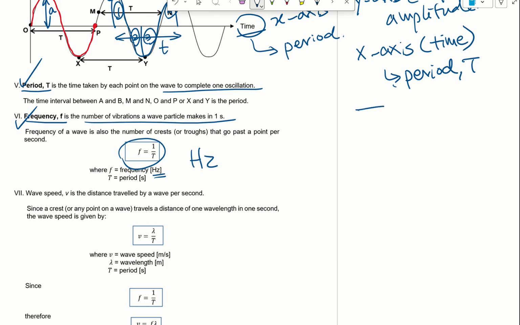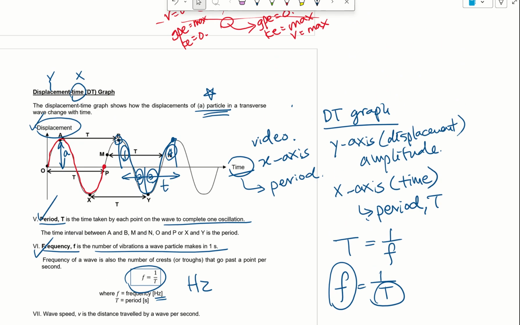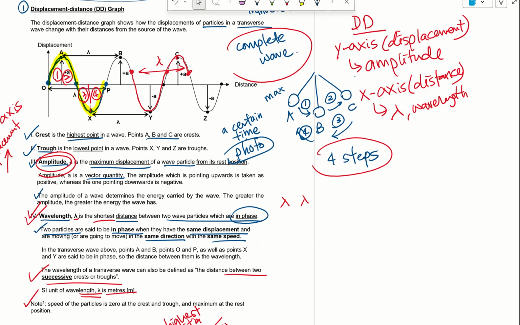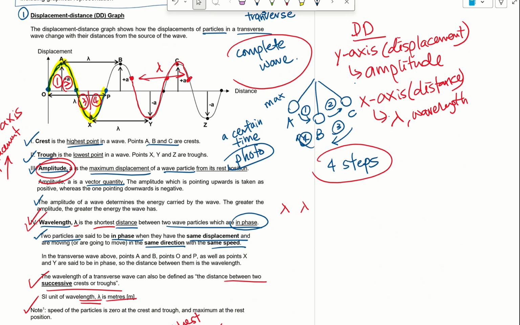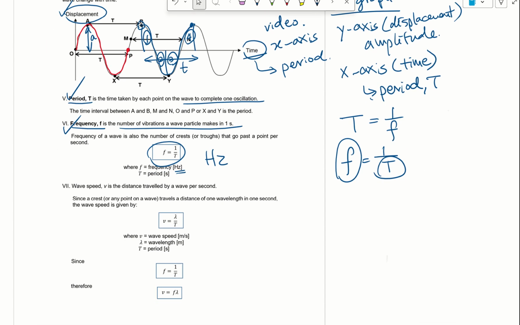Which means if I have my period, I inverse it, I can get my frequency. So this is roughly what we can get from a DD and a DT graph.